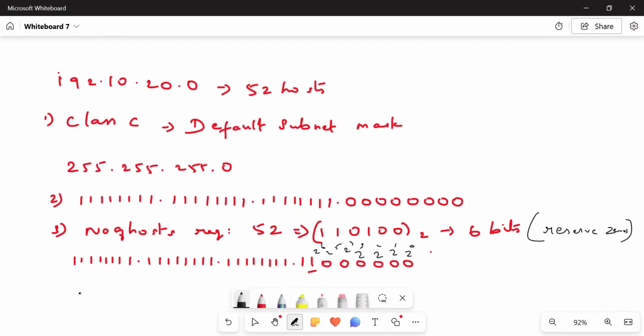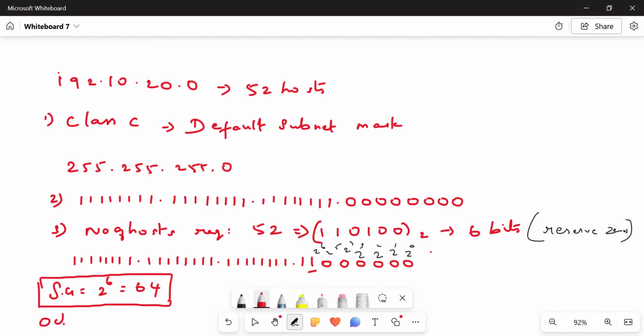So 2 power 6 means the subnet generator is 64. So now we have found the subnet generator, that is 64.